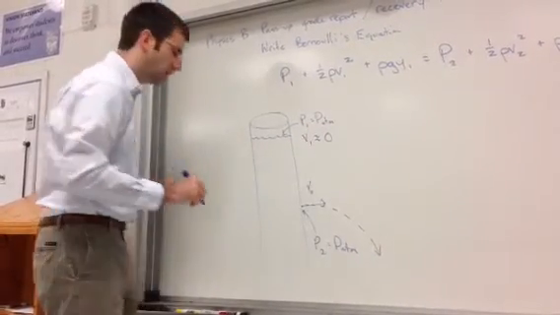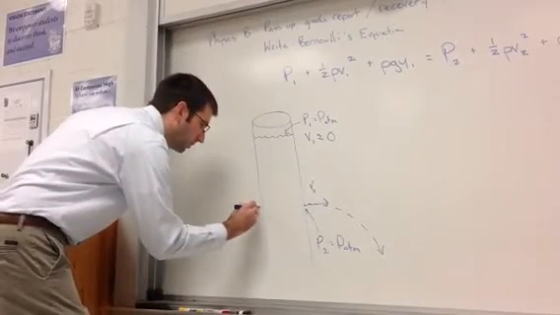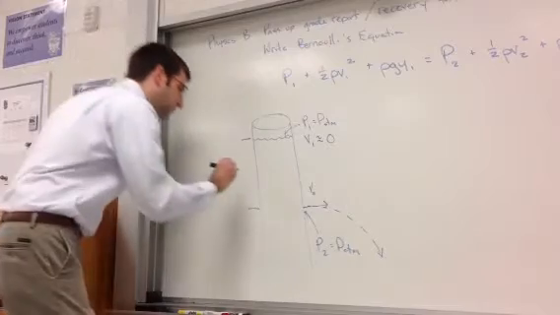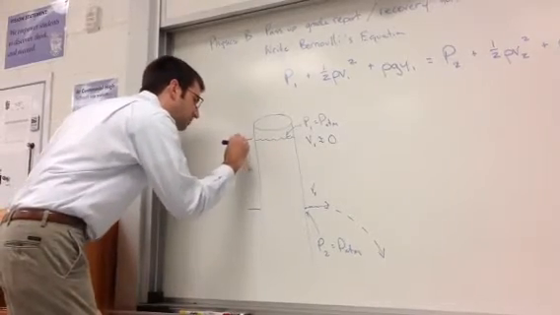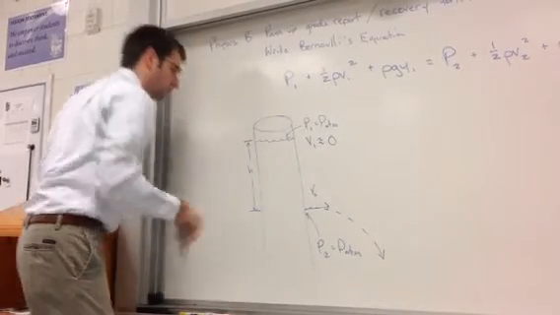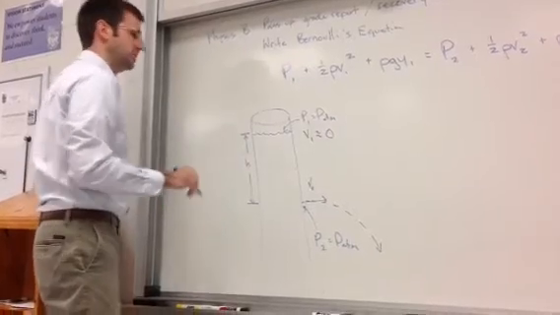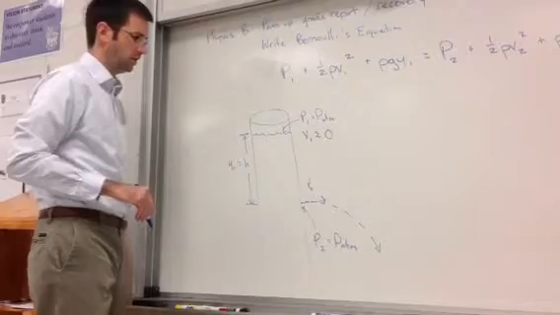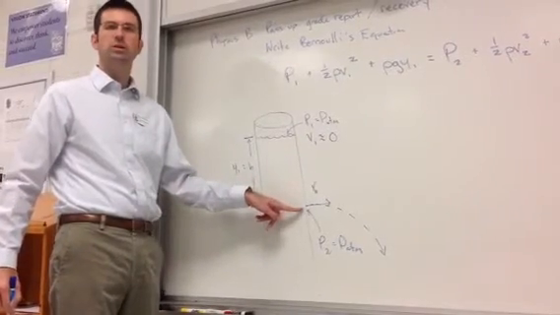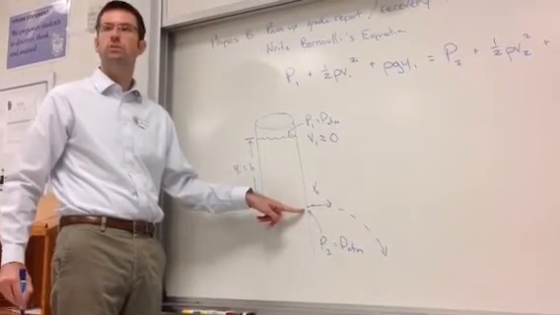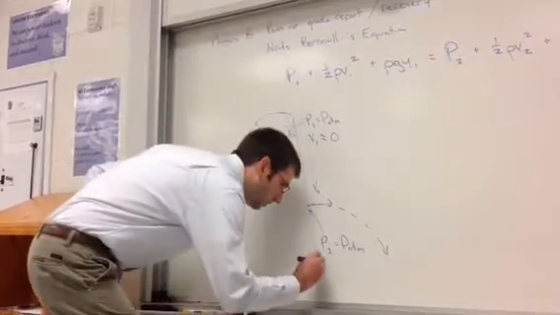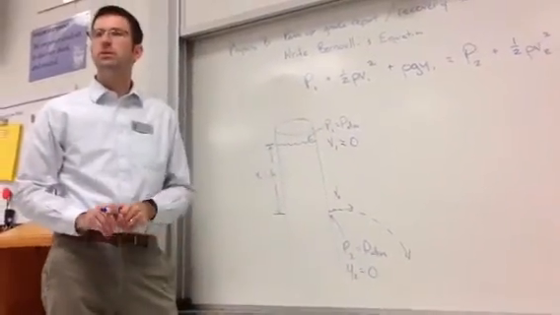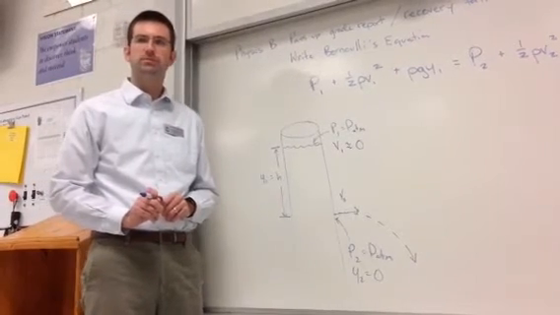Then we're going to have this distance from where this hole is to where this water level is. We're going to call that little h, and that little h is going to be equal to our y1. And so what are we going to call our y2? 0. And that's as much help as I'm going to give you deriving the equation. But that's what you're going to be doing today. Does that make sense? All right.